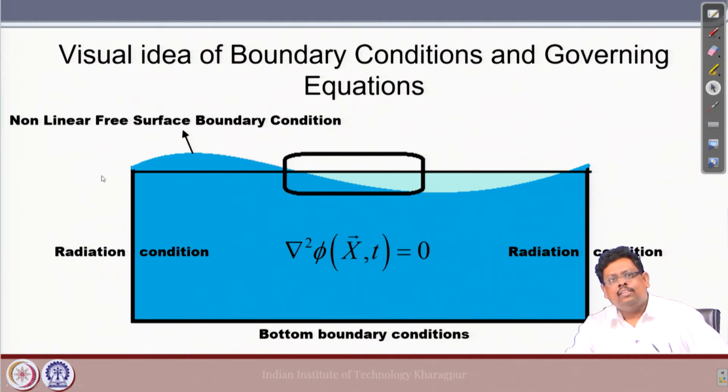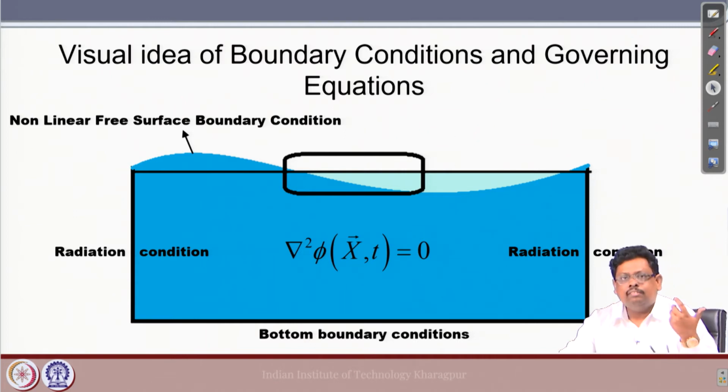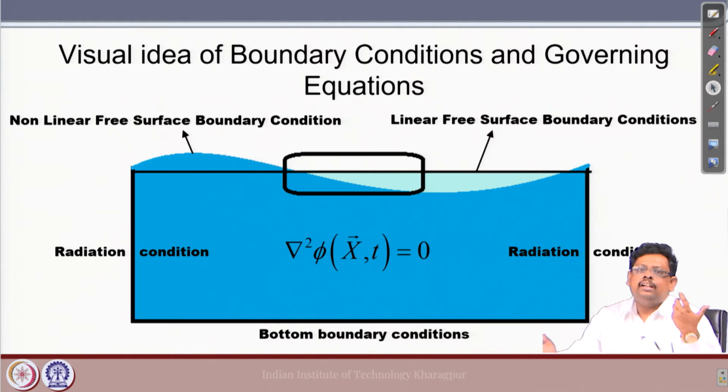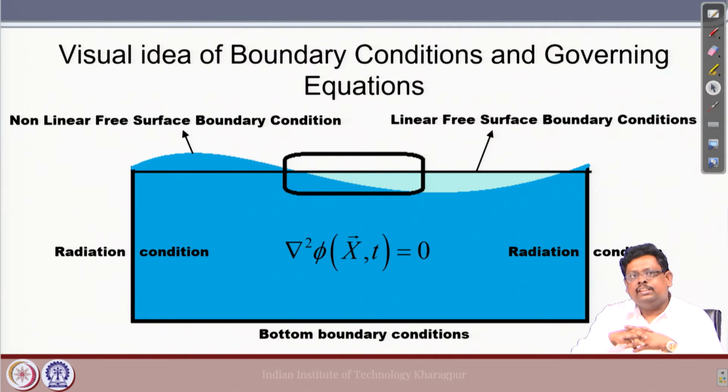Now, why I call this a non-linear free surface, because this wave is non-linear in nature, right. However, we can make a little bit of approximation, and what the approximation is we are definitely going to discuss in coming classes, and we can approximate this non-linear free surface to the linear free surface boundary condition.